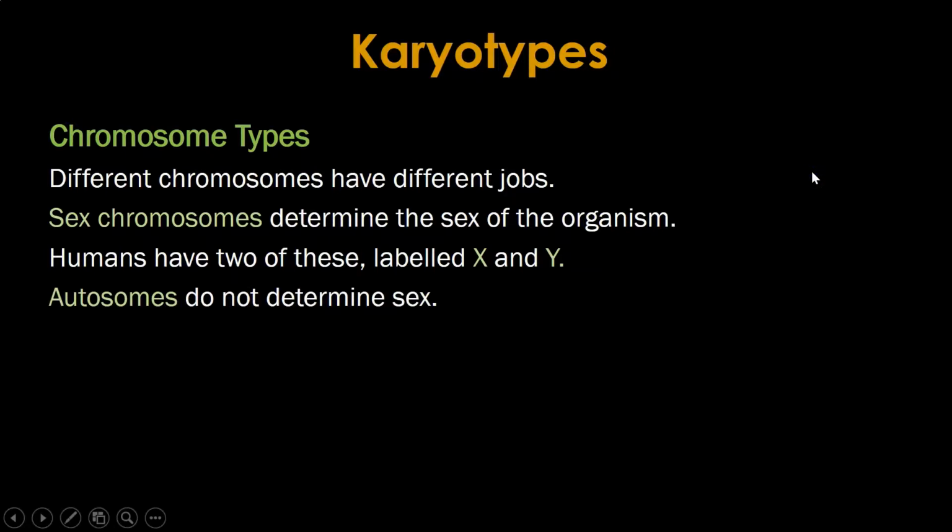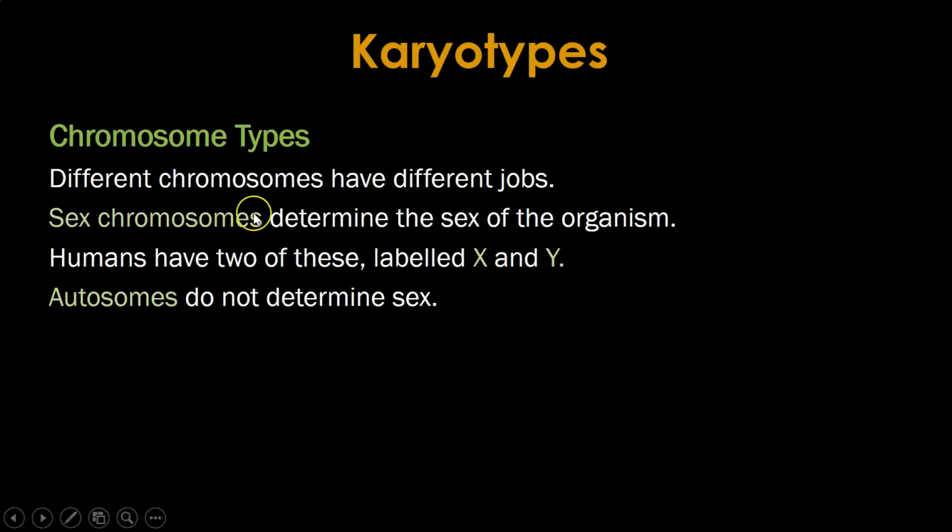But all the other ones are called autosomes, and they don't determine sex. Now, please note that sex chromosomes do have information for other features apart from making you a boy or a girl. It's just that autosomes give no information for making you a boy or a girl.